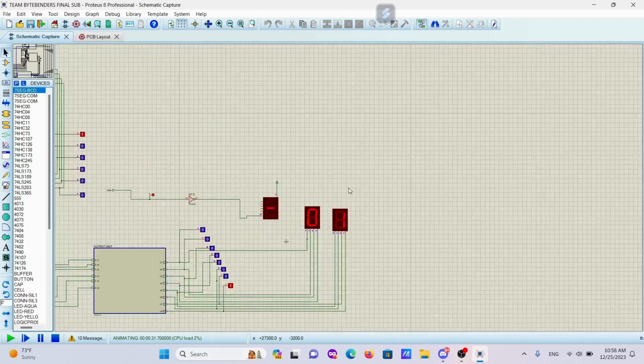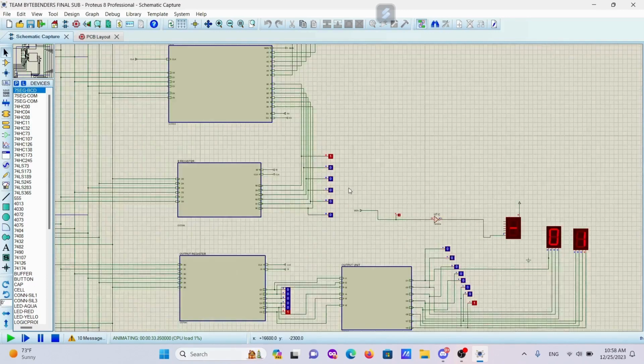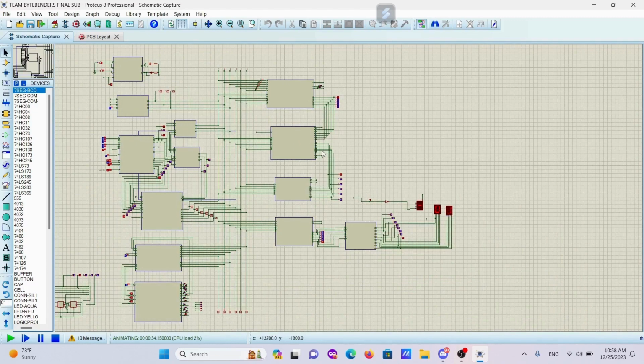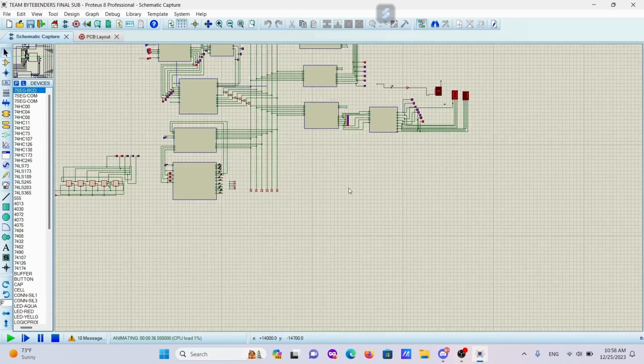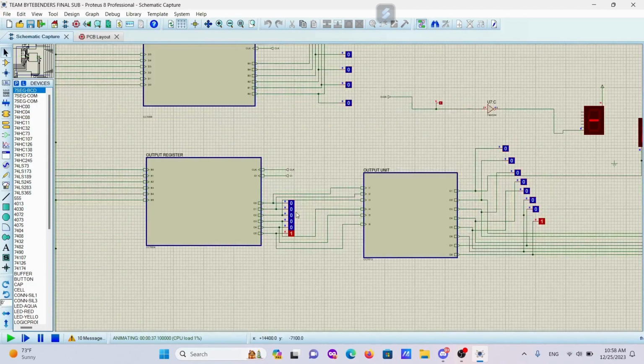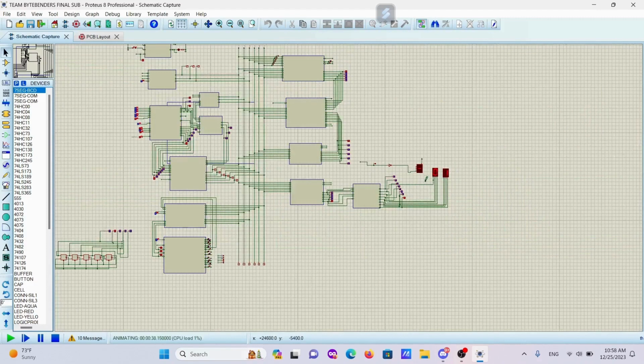Okay. So see, the result is -1. Here, in a similar approach, 1 is loaded into the B register, and at the accumulator we can see the result, which is -1. This result is coming from the ALU, and finally it comes into the output register, then goes into the output unit, and the result is shown in BCD.